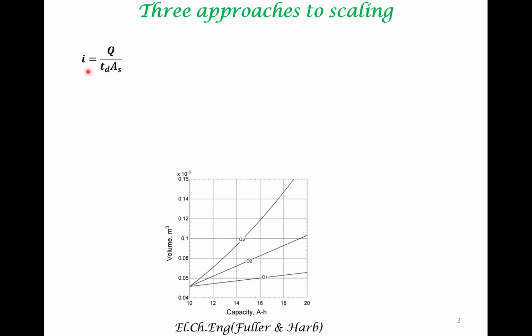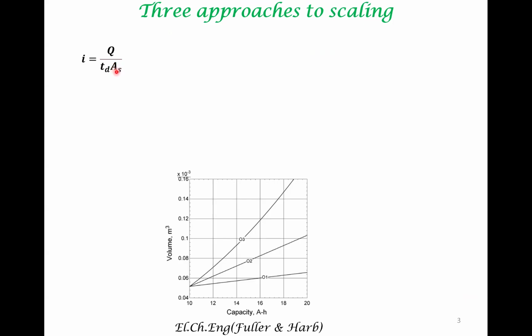The expression for current density is as follows. If we increase the capacity, I'm increasing this term. And while increasing the capacity, I want to keep the discharge time the same. And as I said, I'm keeping the cross-sectional area also the same.